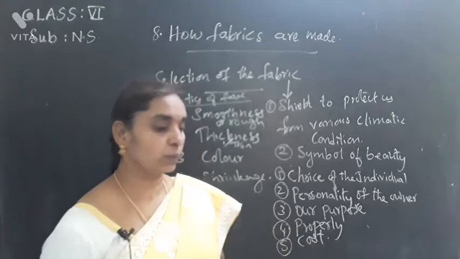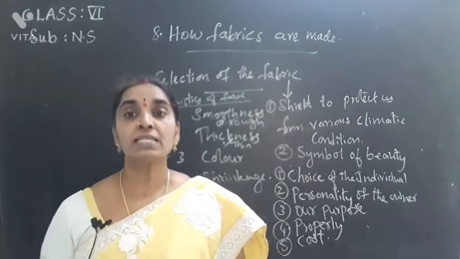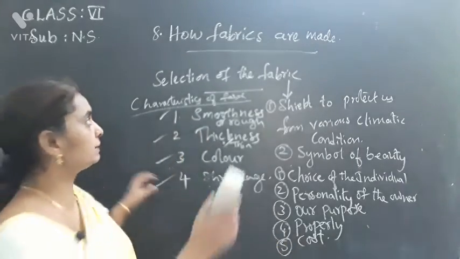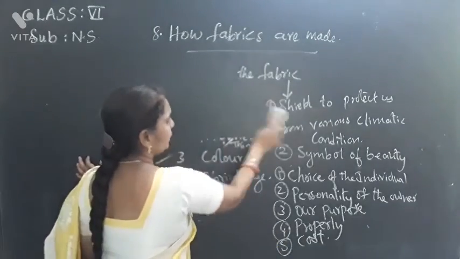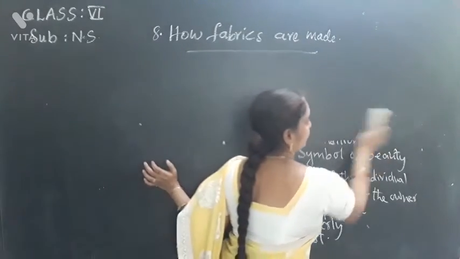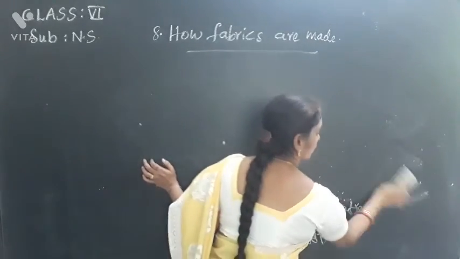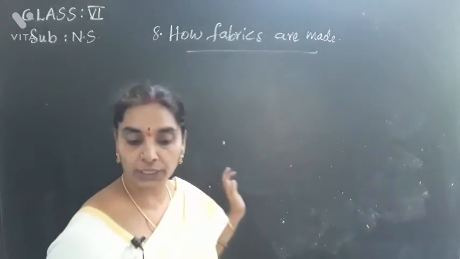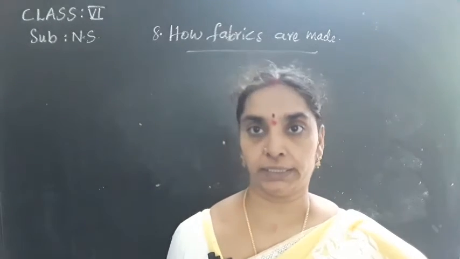Okay children, next we will move to the types of fabrics. As you know very well, depending upon the seasons we wear different types of clothes. Do you know children, the season changes according to the revolution of the earth, isn't it?